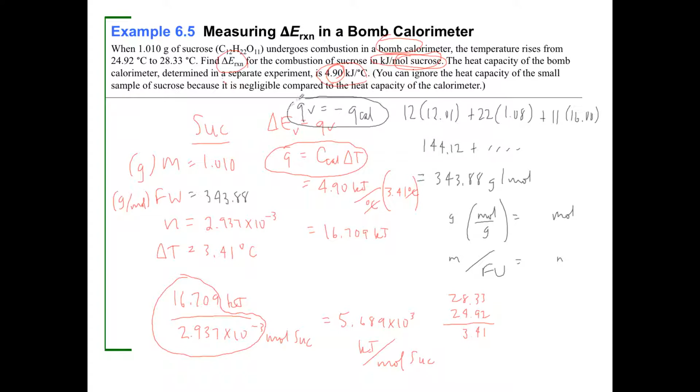Why is that? Right? And so that's going to make this a negative, because this was a positive, right? This is my QCal, right? My Q of the reaction is going to be minus 16.709 kilojoules. That will make that a minus and that a minus.